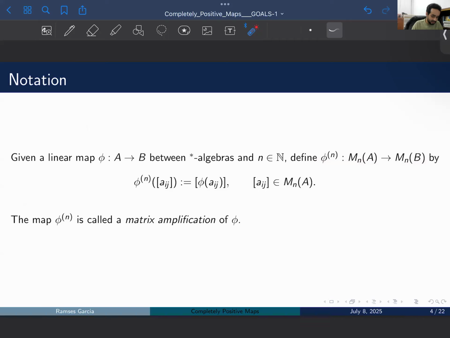If you have a matrix, you apply phi to each entry. This map is called the matrix amplification, and we will use these maps to define completely positive maps.